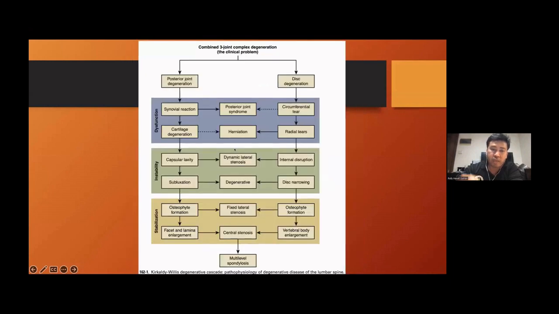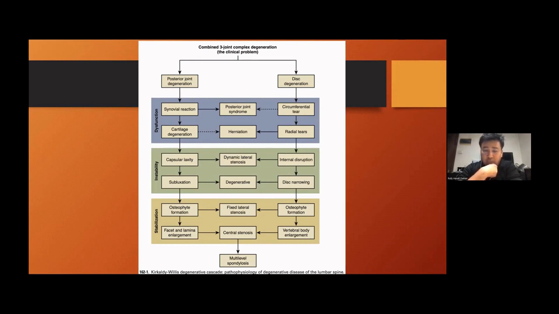Degenerative spine disease is very complex. It is the basis of spine surgical skill, but it's the most complicated because everything changes inside the spine of the degenerative patient. We can see posterior joint degeneration and disc degeneration, which becomes tearing of the disc, radial tear, herniation, dynamic stenosis, internal disruption, disc narrowing, subluxation, and then osteophyte formation.